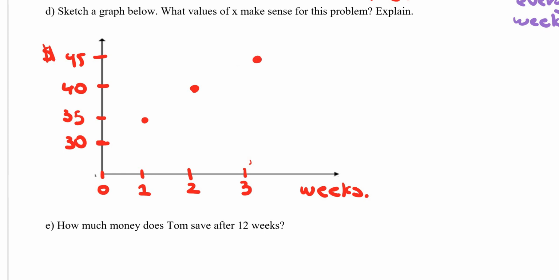I'll do a few points there. So here's my sketch of my graph, and maybe I'll move that 3 weeks over here. My graph isn't to scale, but this is the general idea. You need to show the y-intercept right there, and you need to show a dotted line here because we're measuring in terms of weeks. So every 1 week you're going up by $5.